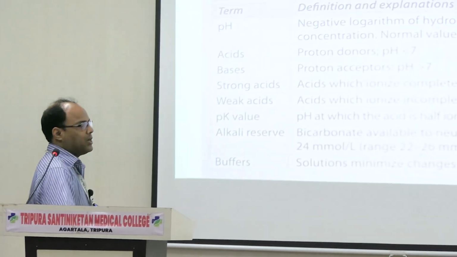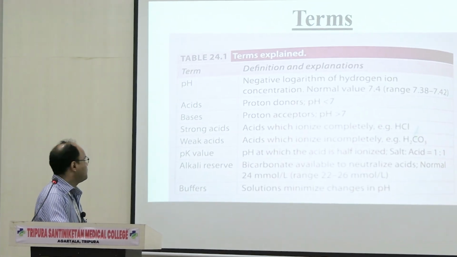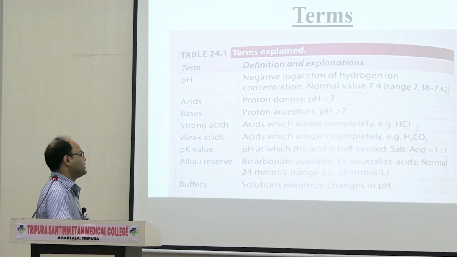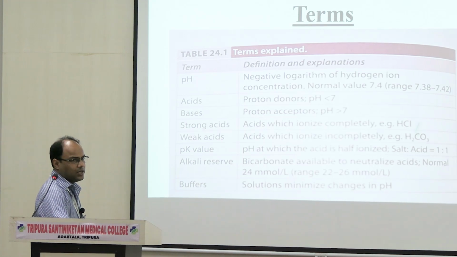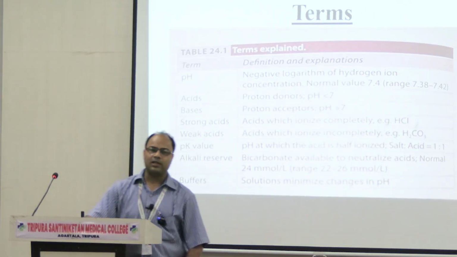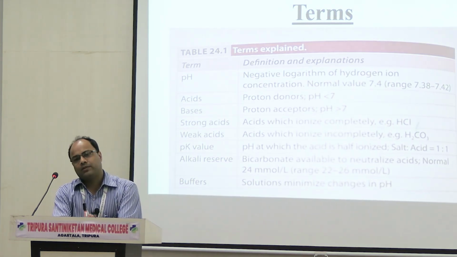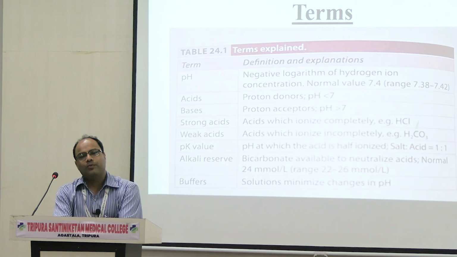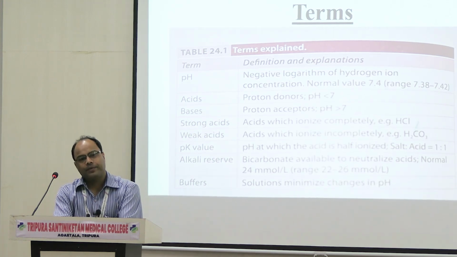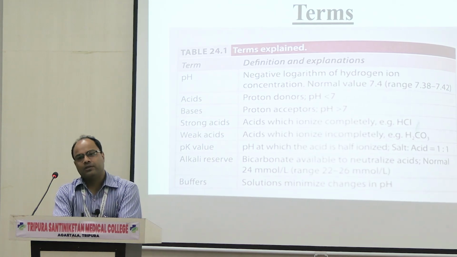Examples of strong acids are hydrochloric acid, sulfuric acid, nitric acid, etc. Weak acids, for example, carbonic acid, citric acid, like this. You may be asked in the Viva exam: please name some strong acids, name some weak acids. You will be asked in Viva exam what is pH.